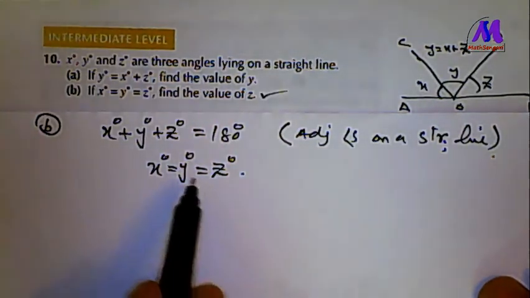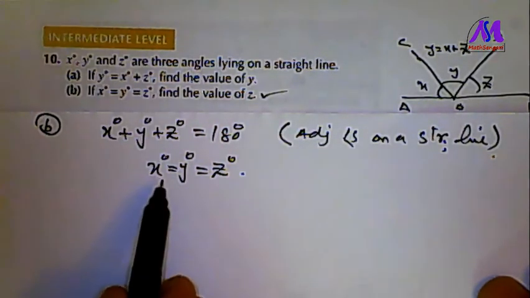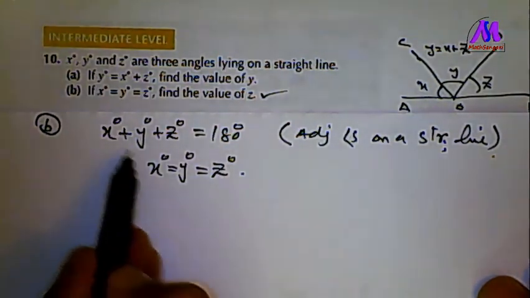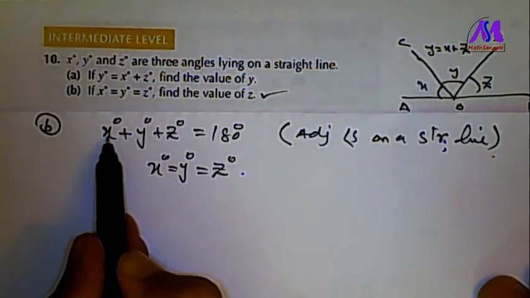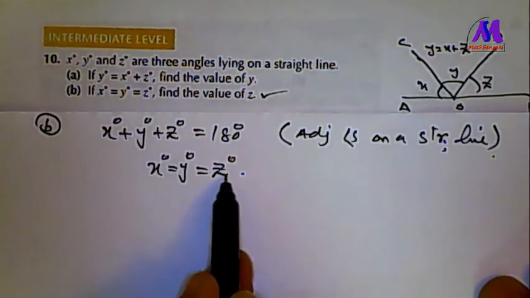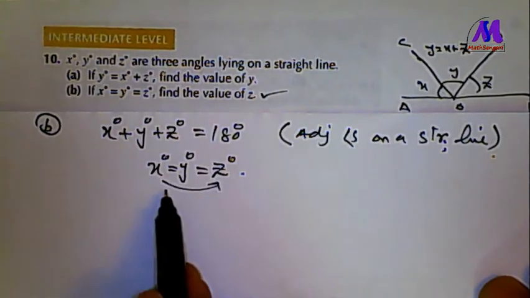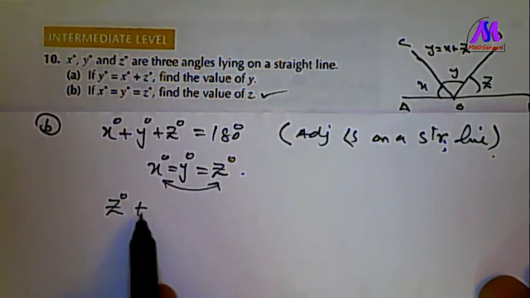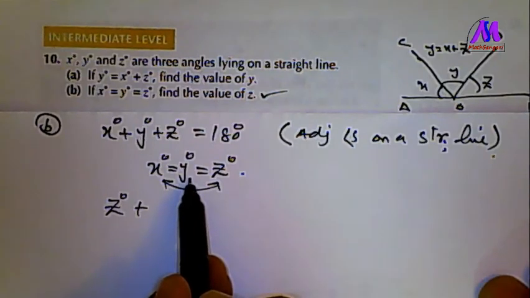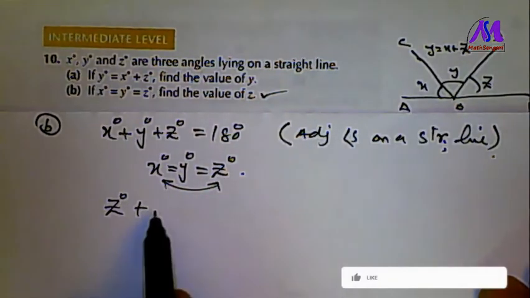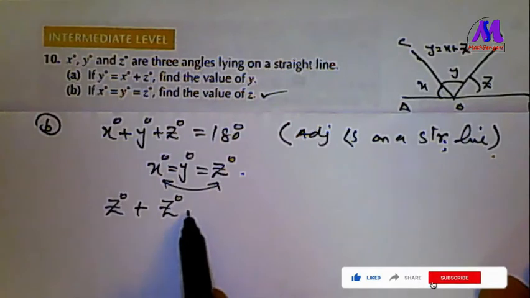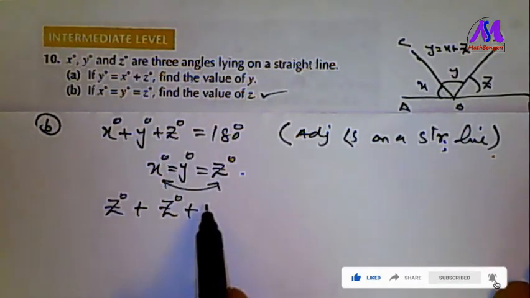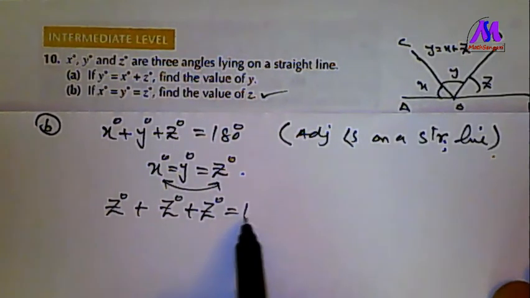So put z equal to x and z equal to y in the above equation. Because x degree is equal to z degree, put here z degree, plus again here y degree is equal to z degree, put z degree, and the next value is z degree, which will be equal to 180 degrees.